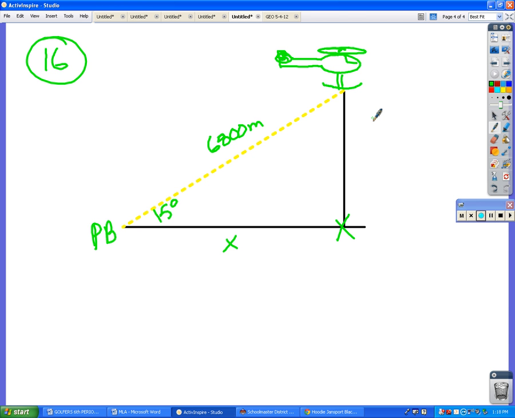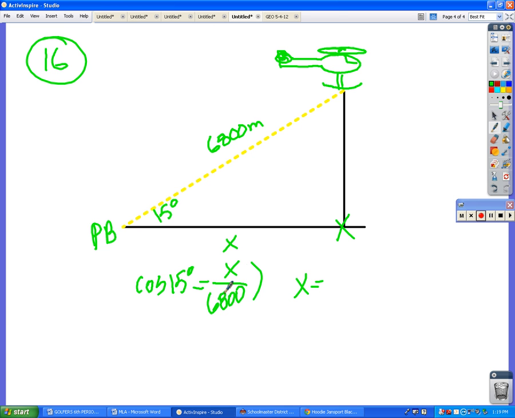Okay, so the question is, what's x here? What am I going to use? Cosine once again, because I want the adjacent, I know the hypotenuse. So cosine of 15 degrees is equal to, this time the adjacent side is the variable, so it goes on top. So do I multiply or divide to solve this? Multiply. Why?